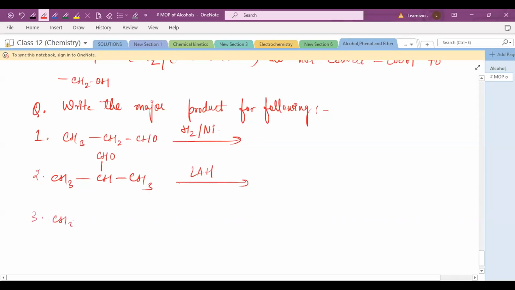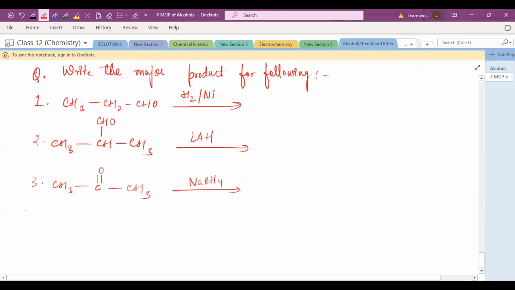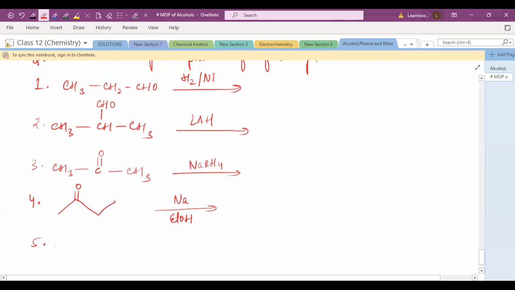Third, CH3 ketone CH3 in the presence of NaBH4, sodium borohydride. Fourth one, in the presence of sodium and ethanol. Fifth one, CHO in the presence of H2 and platinum catalyst.